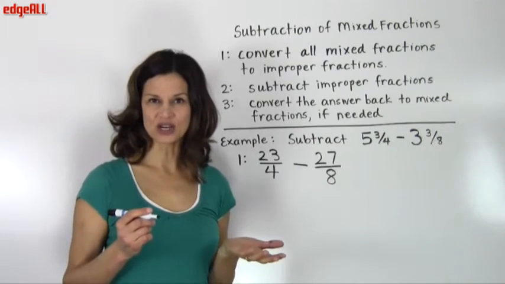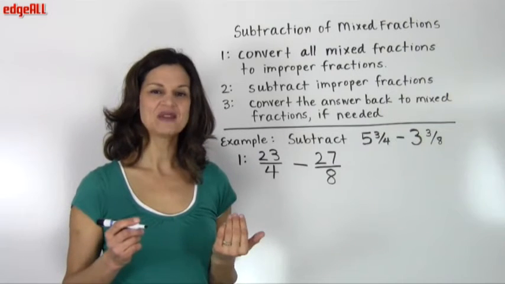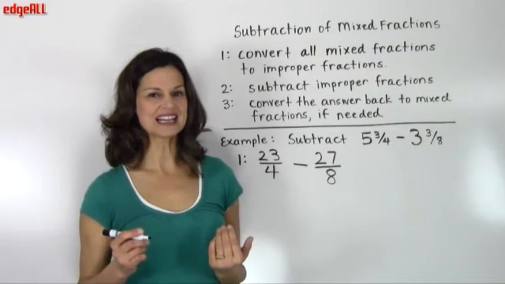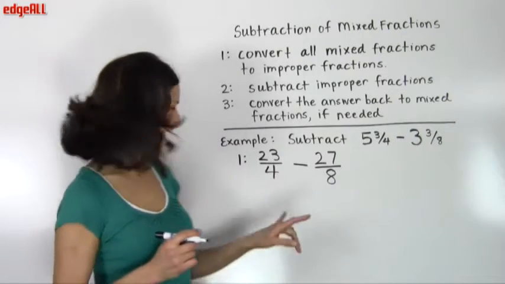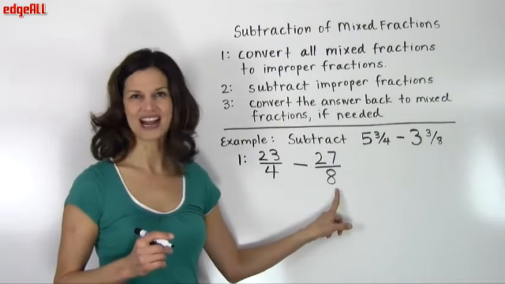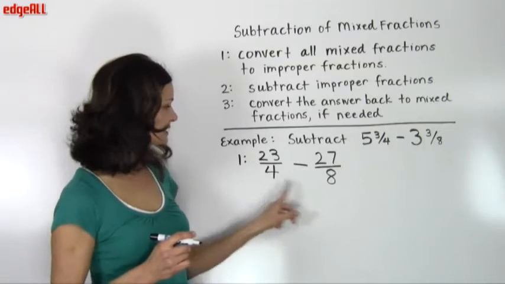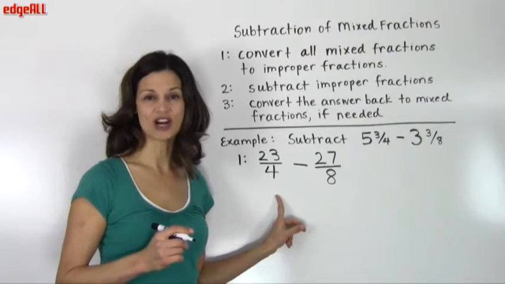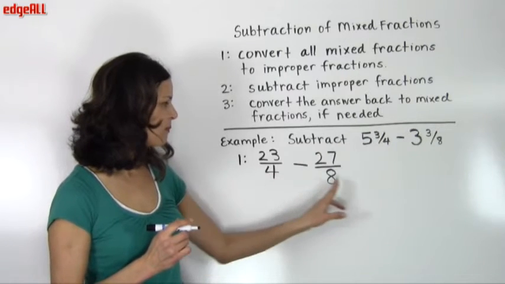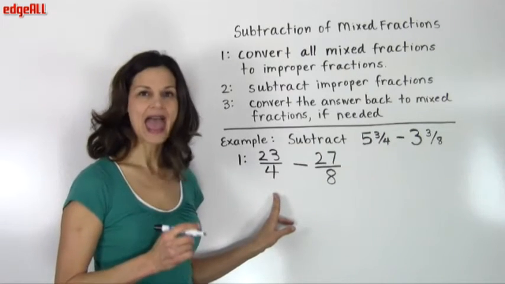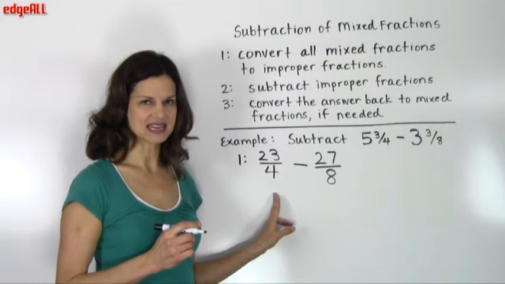We've learned how to do this before, and we know that in order to subtract these, we need to find the least common multiple of our denominators, 4 and 8. The least common multiple of 4 and 8 is 8.